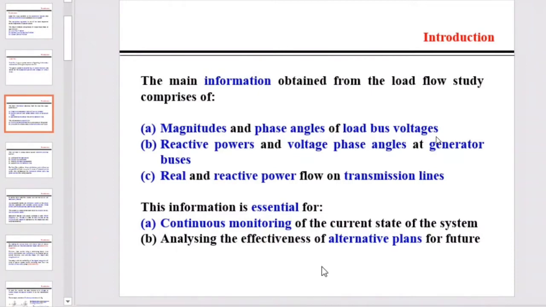The next one is analyzing the effectiveness of alternative plans, because we know now how much power is being generated, how much is being consumed, by which type of consumer.